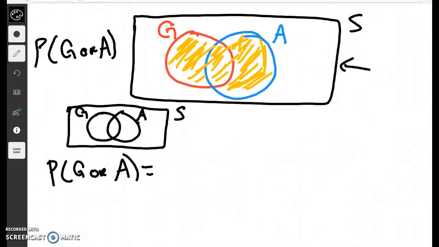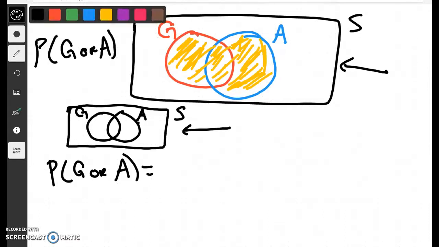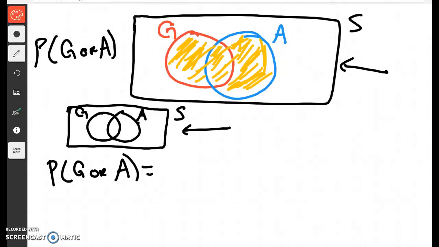This is what I want. Now, how am I going to get that? One thing I can do is add up all the girls. So when I add up all the girls, all of these are girls.